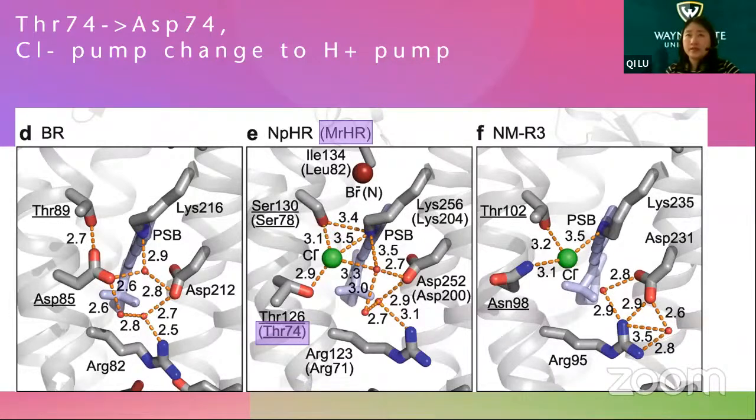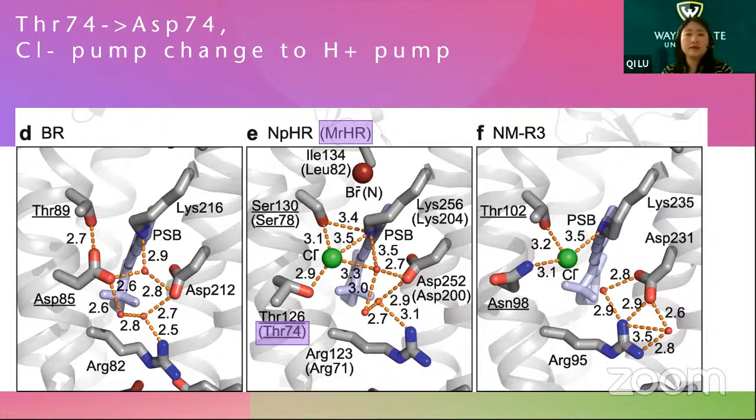After we know the function of this amino acid residue, in the next step we can do some engineering work and also provide more evidence to confirm the residue's real function. That is, make a point mutation to change the whole pump's functional characteristic.